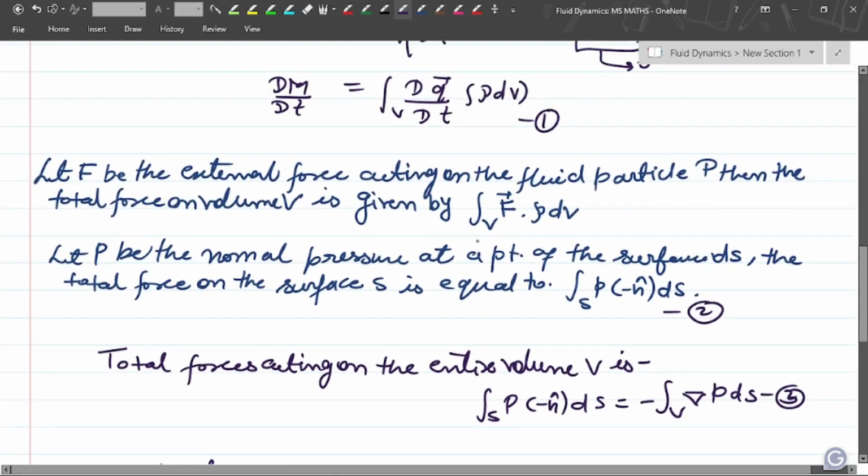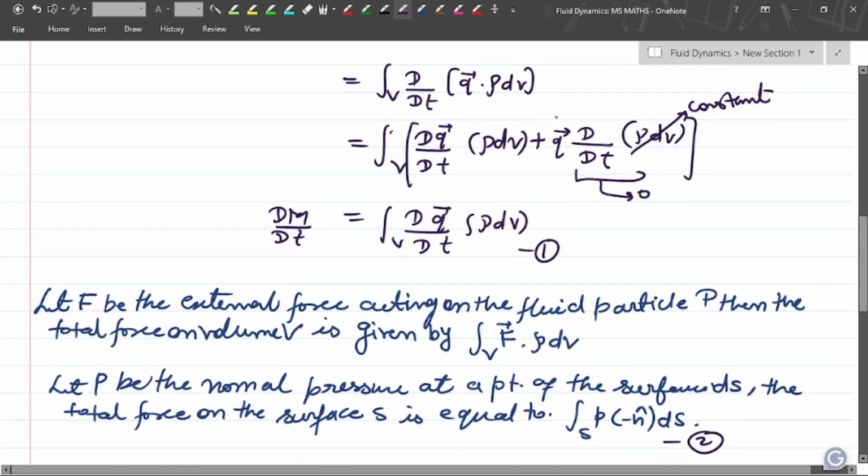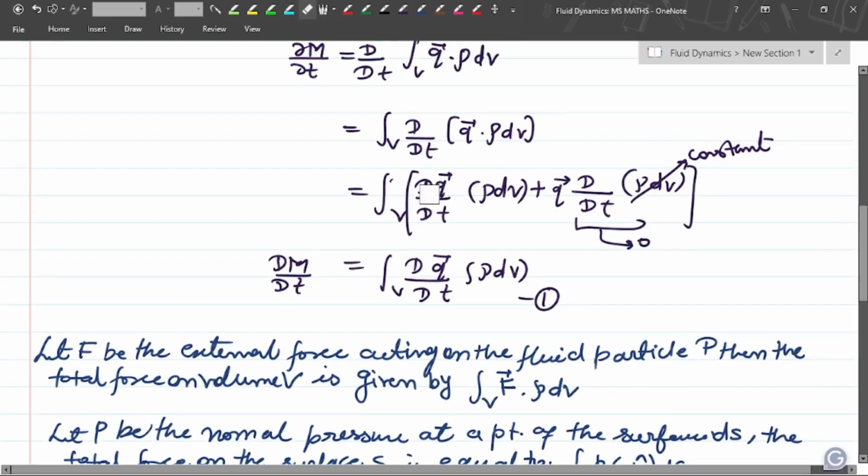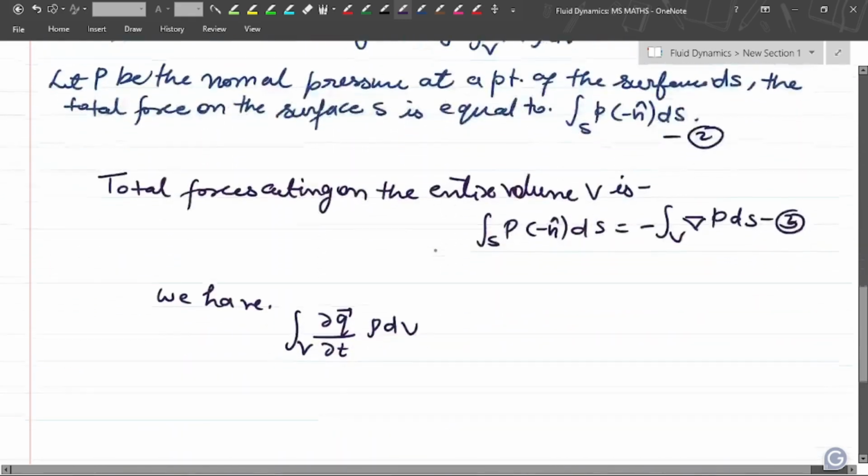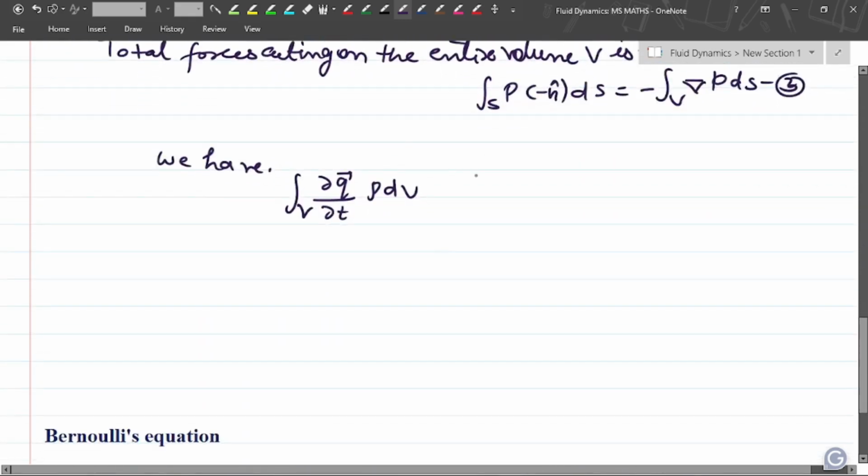Using this, if we are going inside here, this will be the partial derivative, because we are differentiating under the sign of integration. So these are going to be partial derivatives.